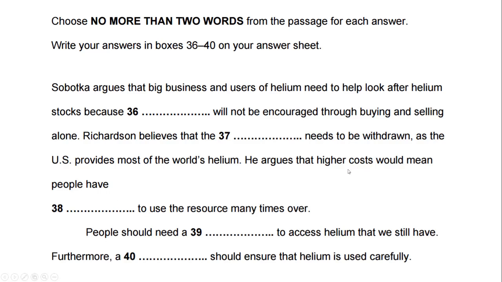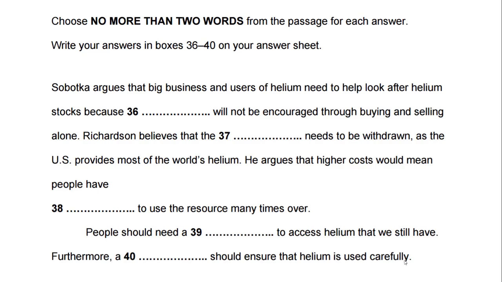Higher costs, cost more money, prices, stuff like that. People should need something to access helium. Access, to get your hands on it, to use it. It could be as simple as that. Furthermore, ensure helium is used carefully, used satisfactorily, conservatively, with care. Let's think about it that way.